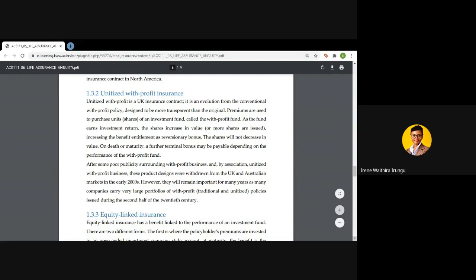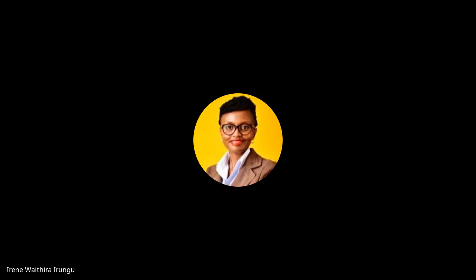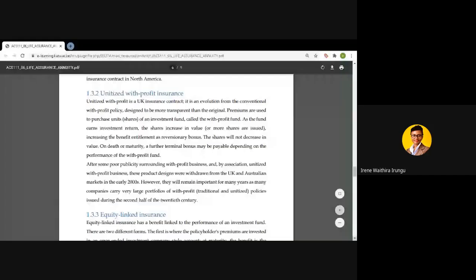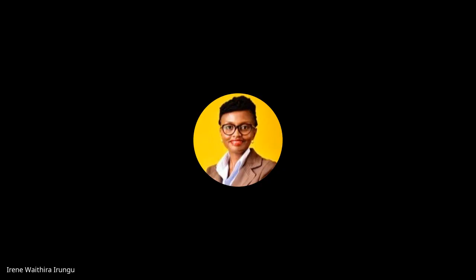At the very onset, you know how much will be attached to the investment fund, or how many units are purchased. So we are saying that the units in this case will not decrease in value. You do not expect a situation where these shares or units will perform low. I want to make it clear that these shares we are referring to are not the shares traded in the stock exchange market.